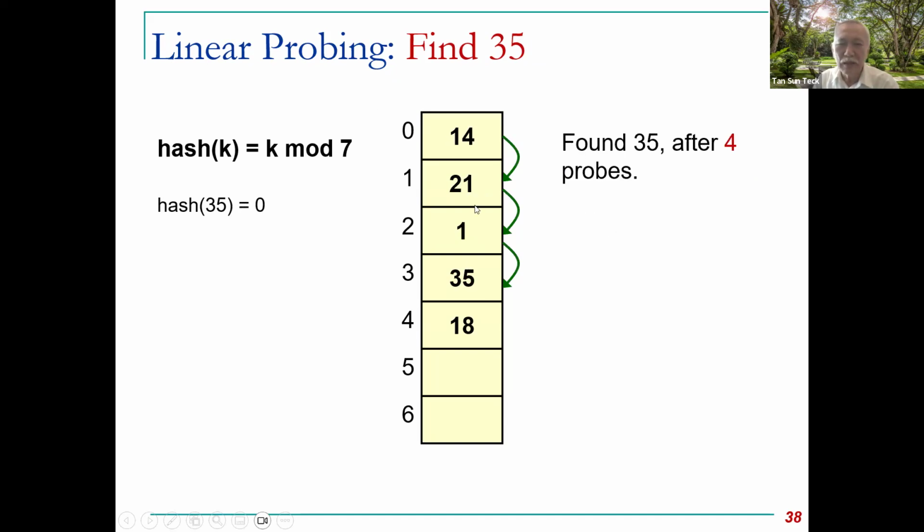This is the first probe, second probe, third probe, and this is the fourth probe. After the fourth probe, you find that 35 is inside there and return true. Just now we said the probe sequence is 0, 1, 2, 3, not 14, 21, 1, and 35. The probe sequence is the index of the slot. So in this case, the probe sequence is 0, 1, 2, 3.